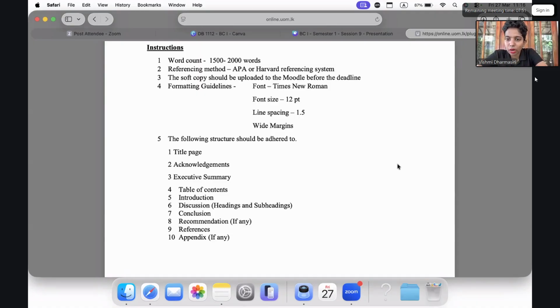Okay, how to check plagiarism? There's a new link uploaded on the Moodle where you can submit your assignment and check your Turnitin report.